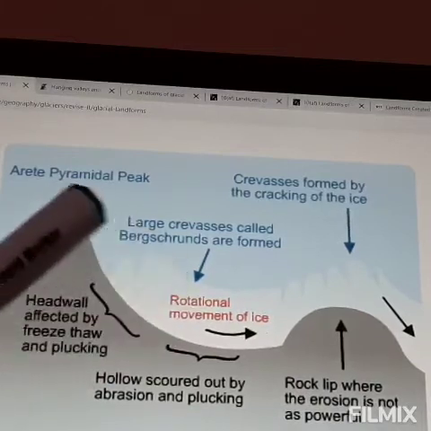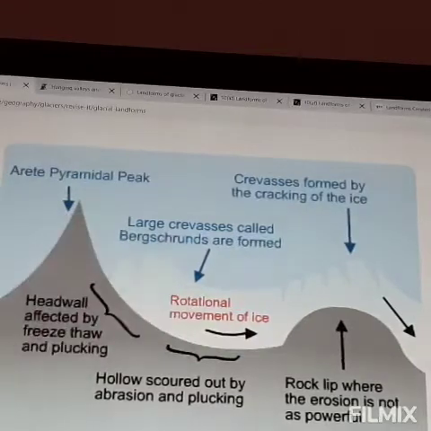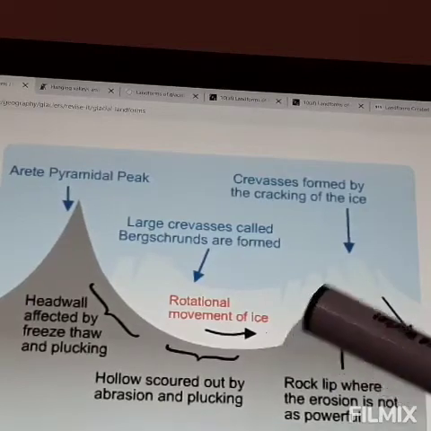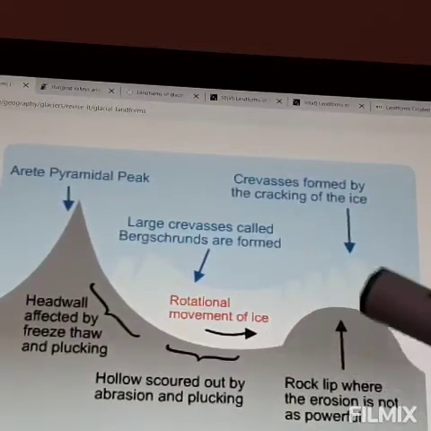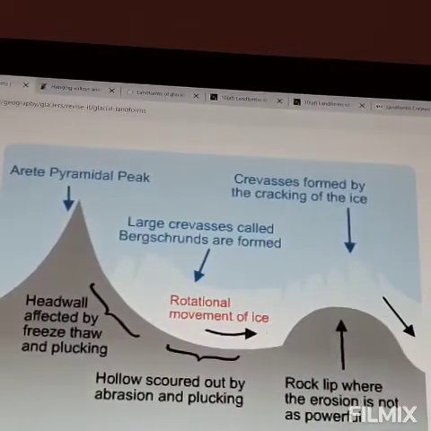This is a slope of the mountain. You can see that the side of the mountain is affected. And here is a rock lip where the erosion is not as powerful. That is why this shape is not affected much. Such a shaped rock is called sheep mountain.